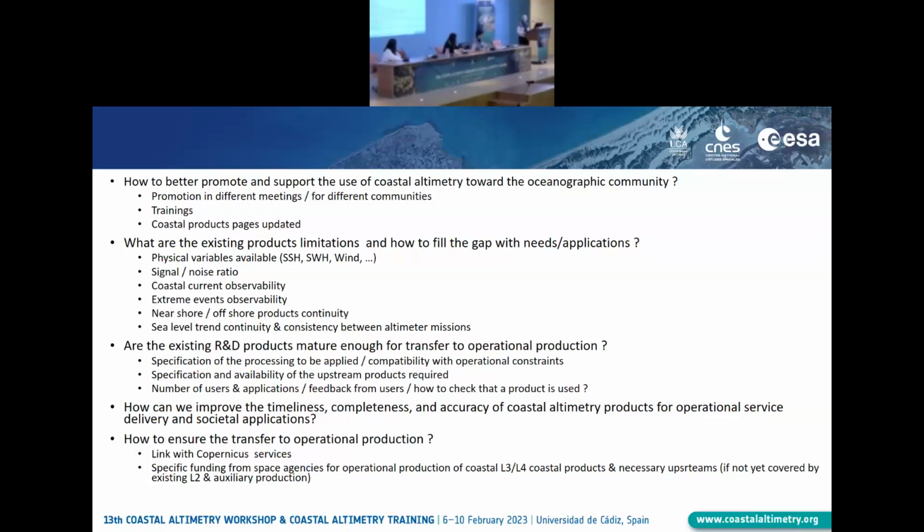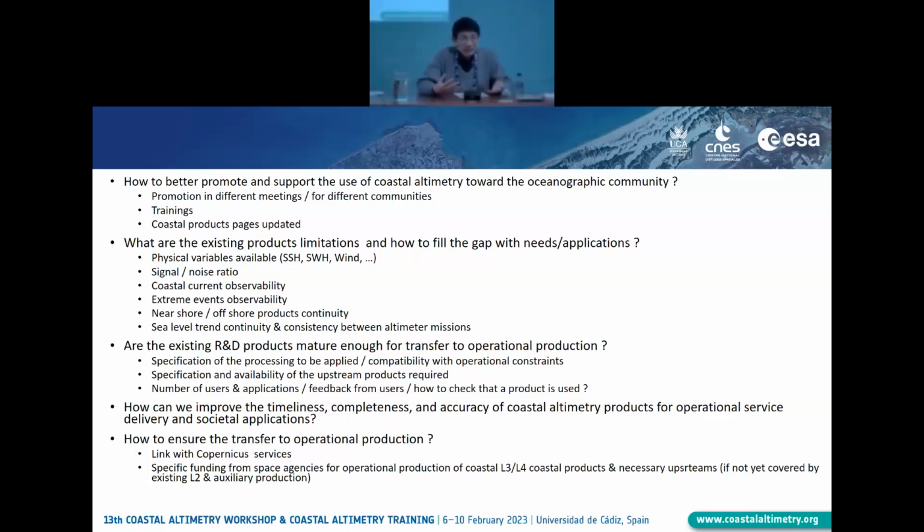Myself, I am just a scientific user, so I would like to see coastal altimetry products have more options. You have different models included and different variables, so I can do my own manipulation and try to understand the user-based data and get the best science.